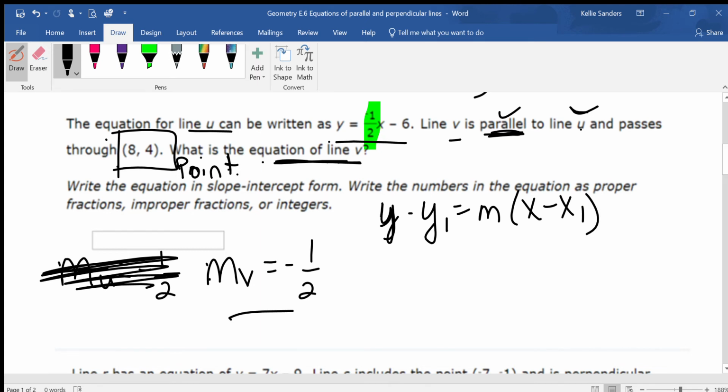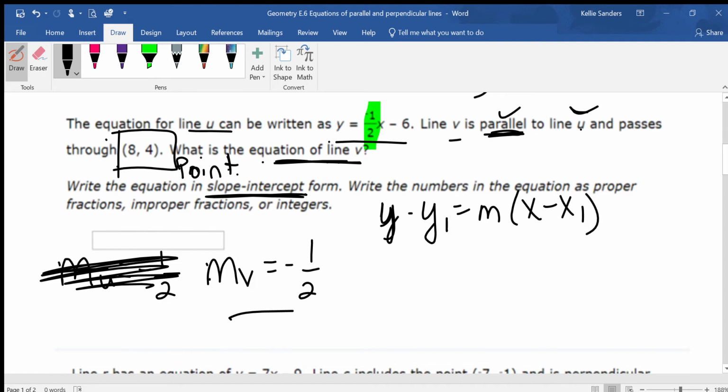But I cannot forget that it says write the equation in slope-intercept form. So at the end, I must make sure I have a y equals. Now on this one, I'm going to alternate back and forth from point-slope form and slope-intercept form, because I'd like for you to experience point-slope form, but if you must just do it in y equals mx plus b form, I understand.